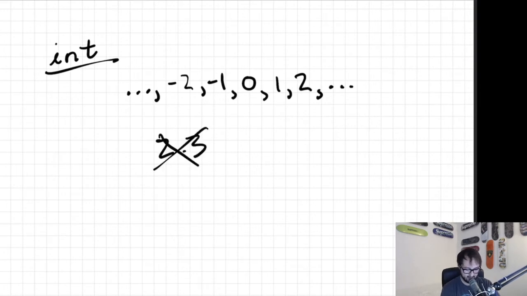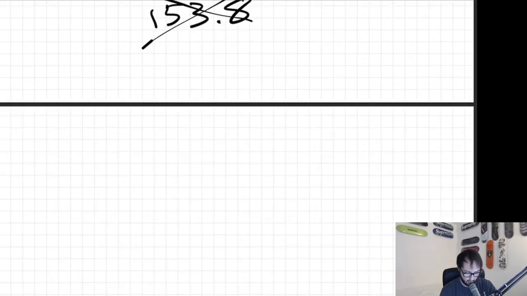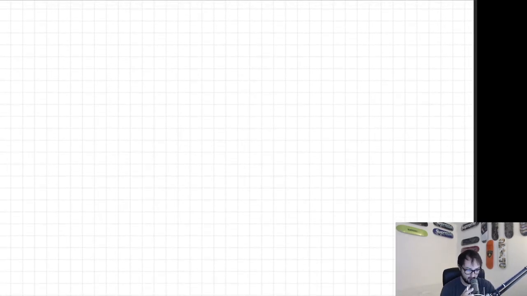That is not an int. Or 2.7 or 153.8. Those are not integers. They are only whole numbers. You have a couple variations of them that we'll go over the differences between here in a minute after we go over a couple more integral types.